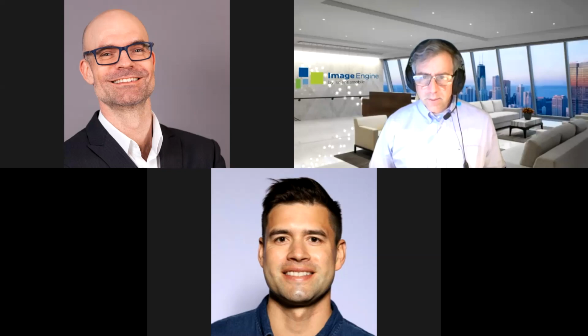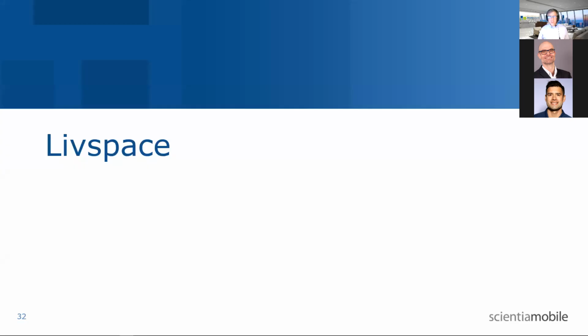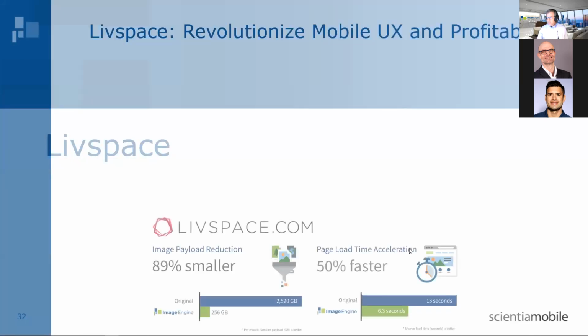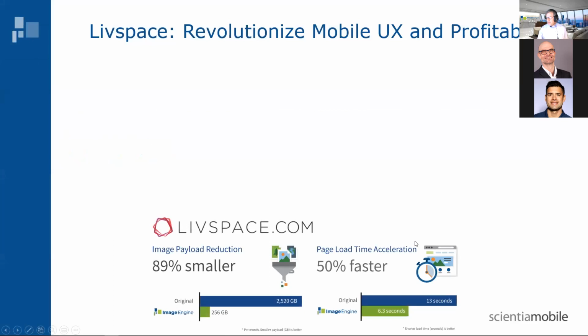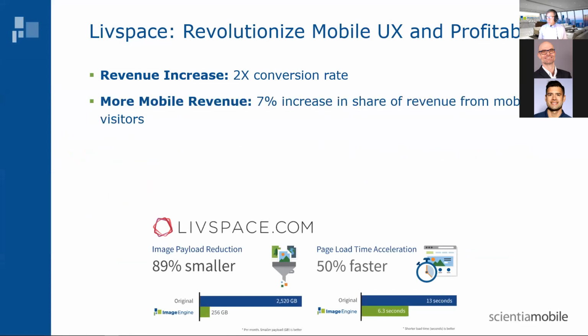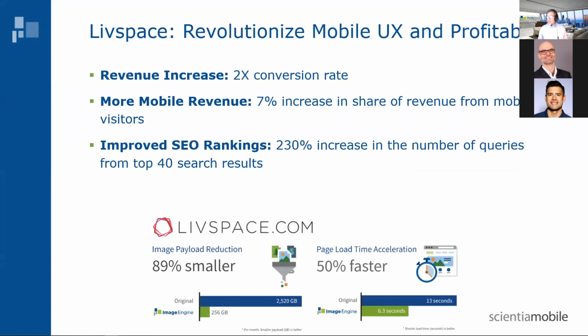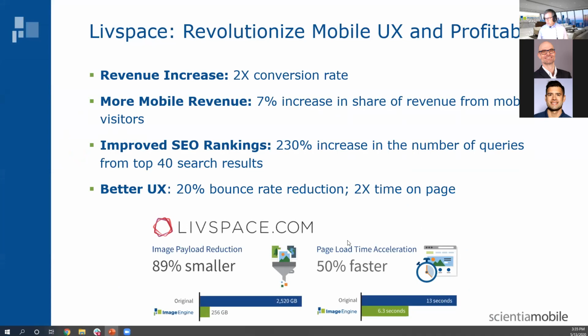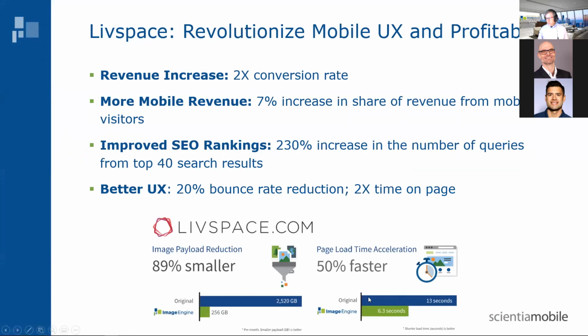And let me quickly walk through a couple of case studies here. One of our case studies is LiveSpace. They are a furniture e-commerce platform, and they have used ImageEngine for over a year now, and the benefits they've seen are pretty sizable. They have reduced their image payload by 89%.